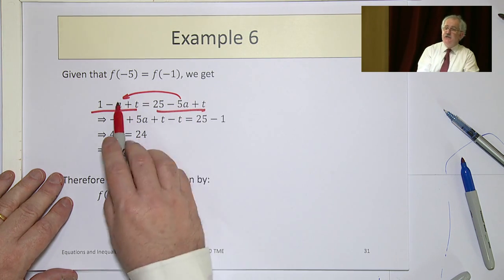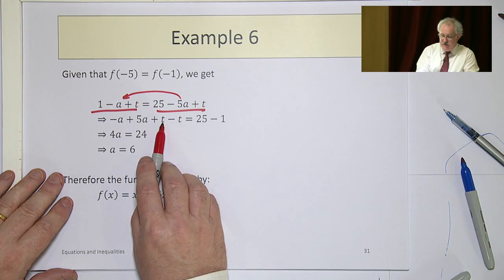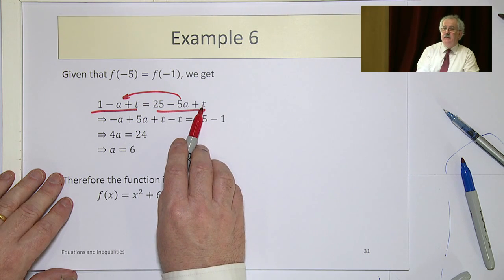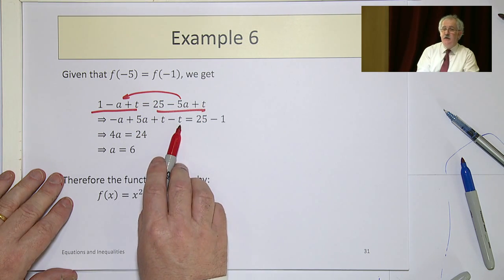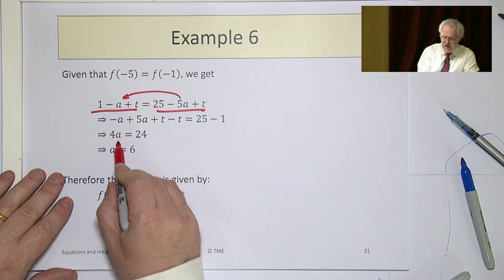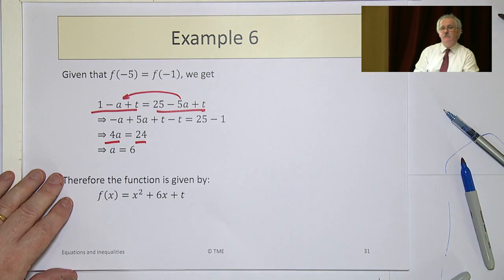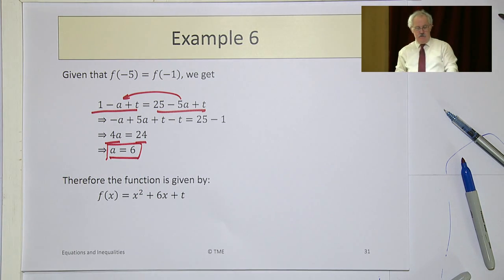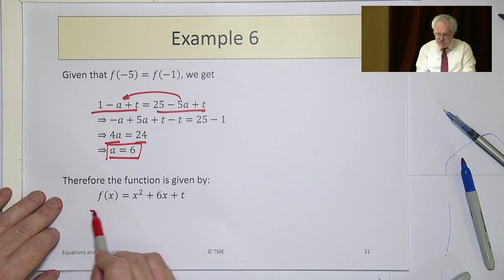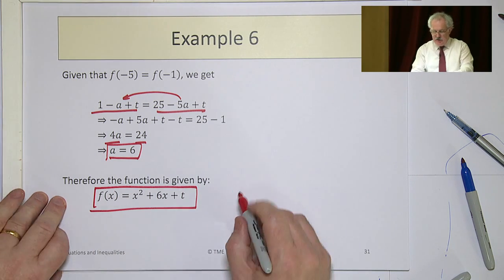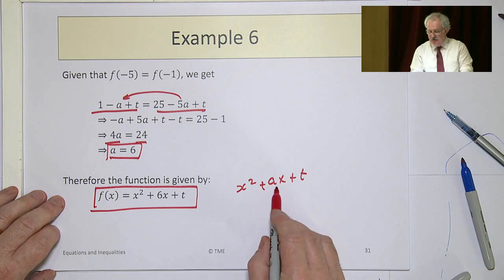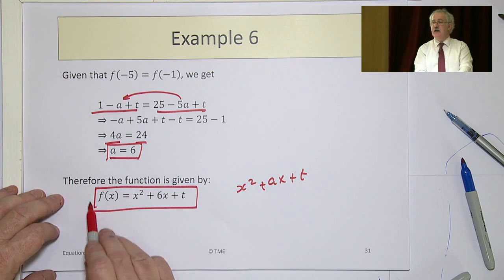That's why you change the sign. The t is fine, but if I bring that over, how would I get rid of that t? Minus t. So in the end, I end up with 4a is 24, and a is 6. Therefore, the function is now x squared plus 6x plus t. It used to be x squared plus ax plus t, but I found that a is now 6. So I'm up a step.